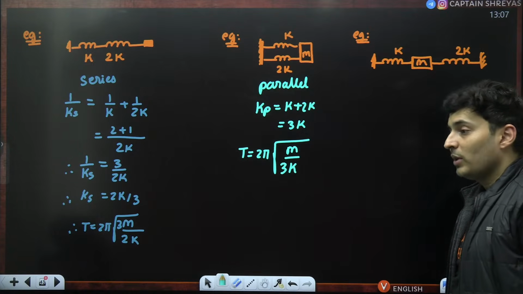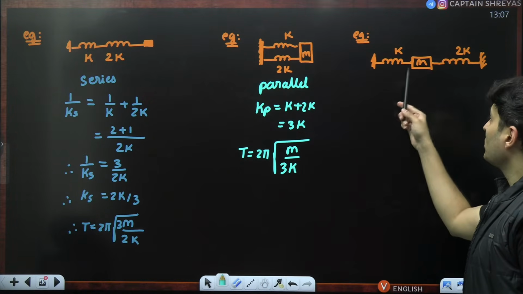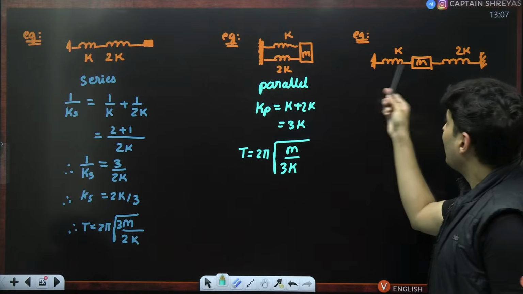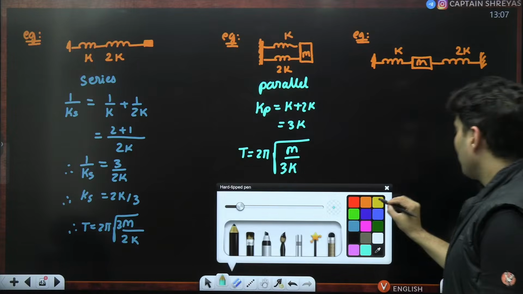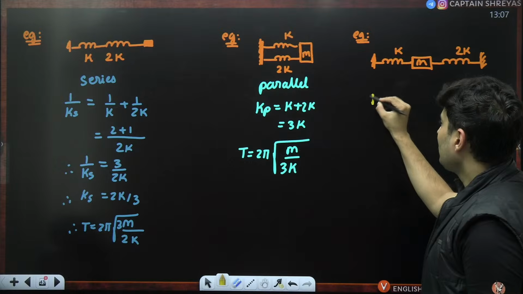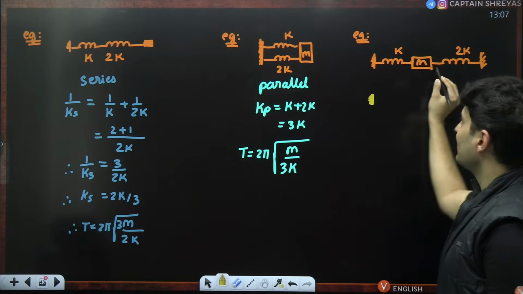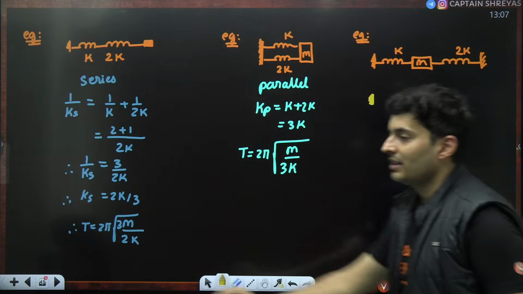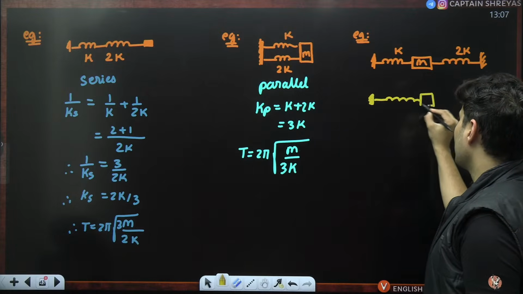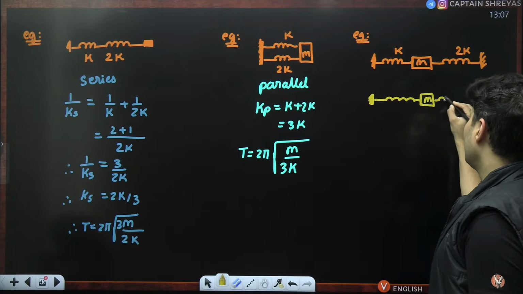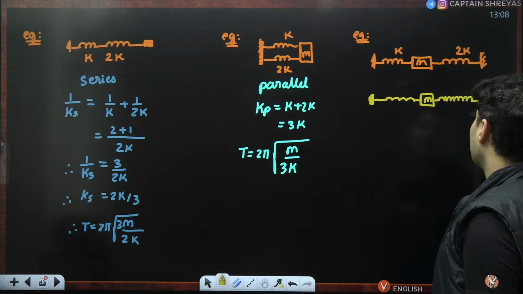Now, carefully analyze this. These two springs actually are not in series, they are in parallel. Let me tell you why. A lot of people think they are in series, so a lot of people will use that method. No, imagine somebody extends, the mass goes over here, and then this guy gets compressed.